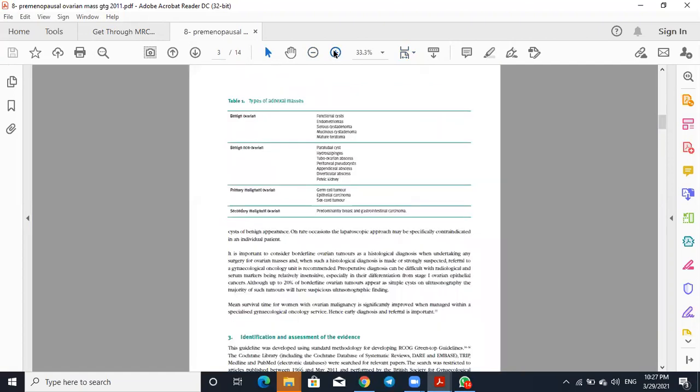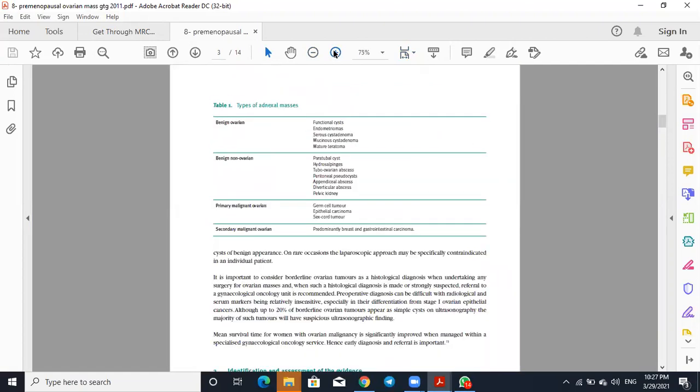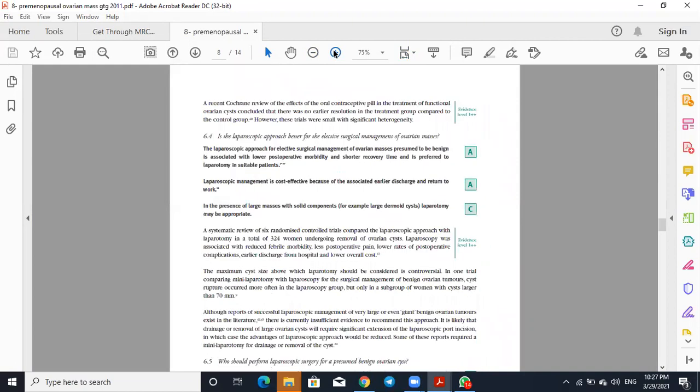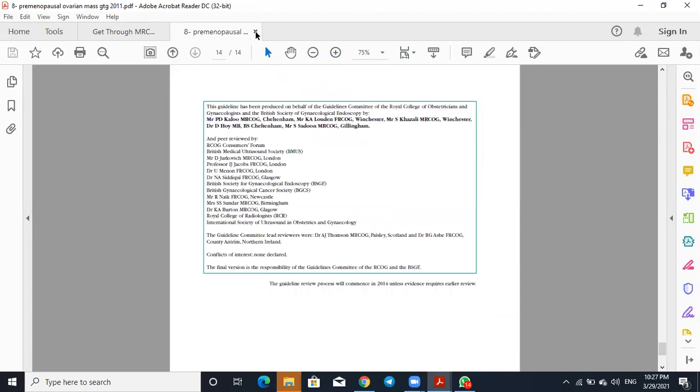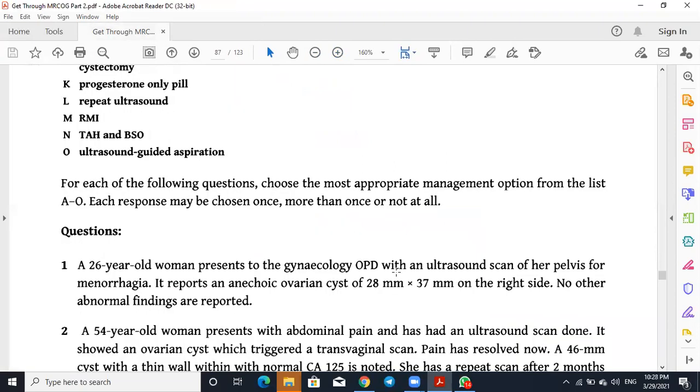Yes, this is what types of adnexal masses. As I told you, it doesn't have any charts, so I remember correctly.